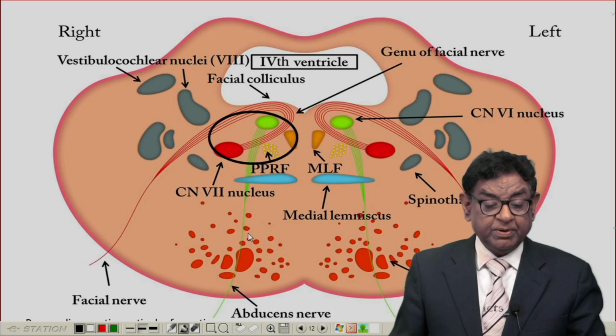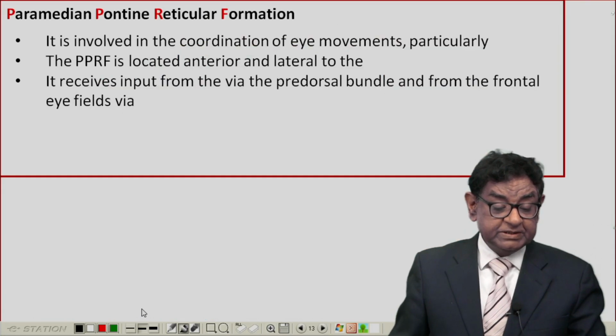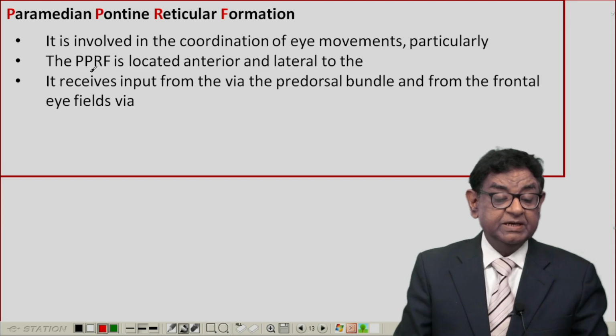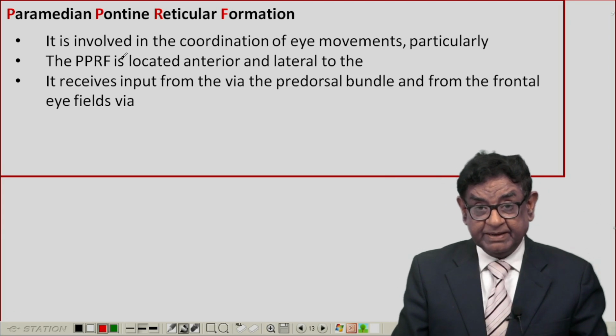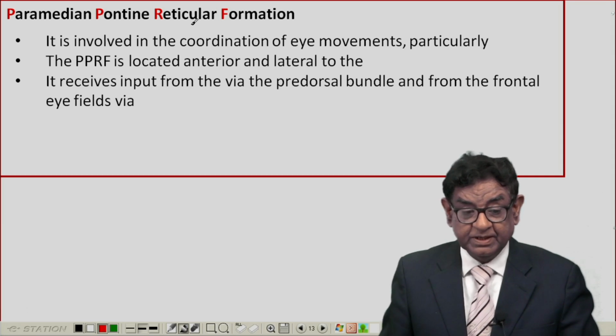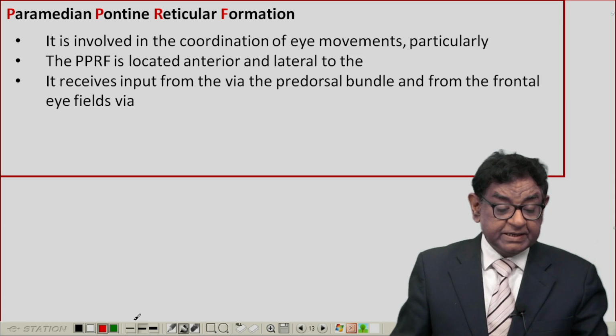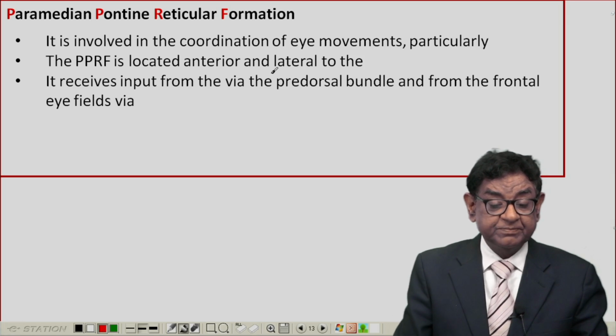Now let us talk about what this PPRF is. Remember, PPRF is just lateral to MLF. Now what is this PPRF? This is the short name of the paramedian pontine reticular formation. It is involved in eye movement, particularly in the lateral gaze.